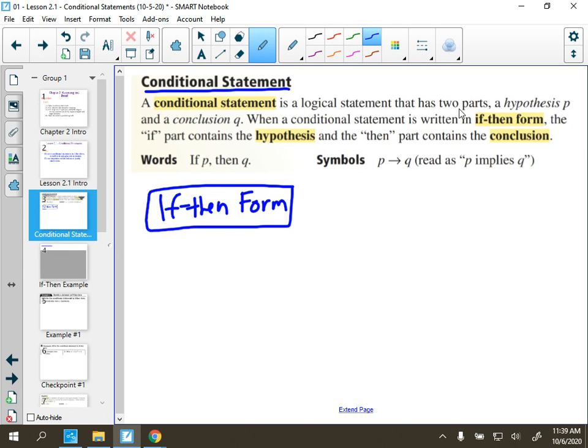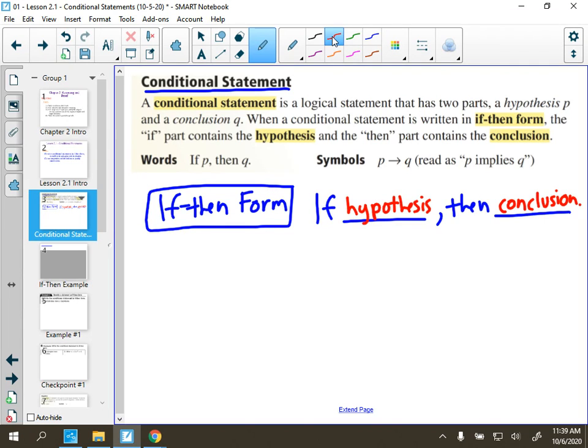It's just a statement that has to have two parts, a hypothesis and a conclusion, whereas an if-then form is a specific type where it's going to be written as: if, whatever our hypothesis is, then some conclusion. For this lesson, and for pretty much the unit, everything's going to be written as an if-then statement. If this, then that.